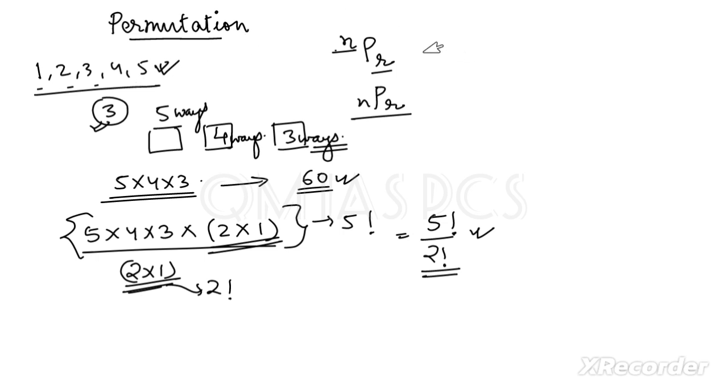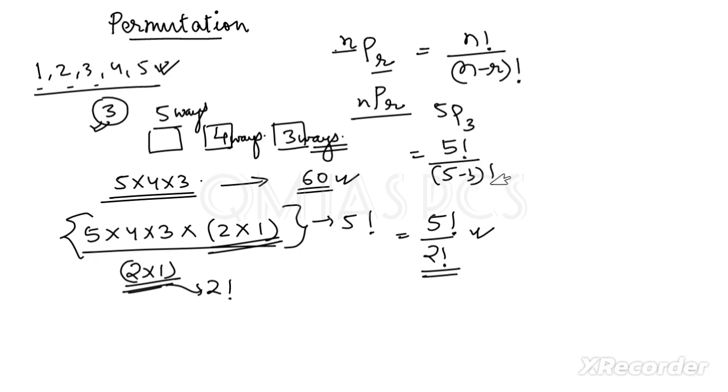That will be factorial n divided by factorial (n minus r). So if you write 5P3, it will be factorial 5 divided by factorial (5 minus 3), which is factorial 5 divided by factorial 2. So remember, for permutation the formula is nPr equals n factorial divided by (n minus r) factorial. Understood? Okay, fine.